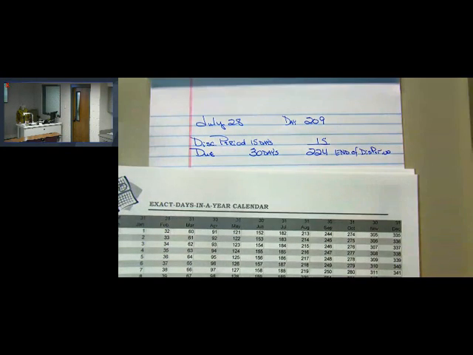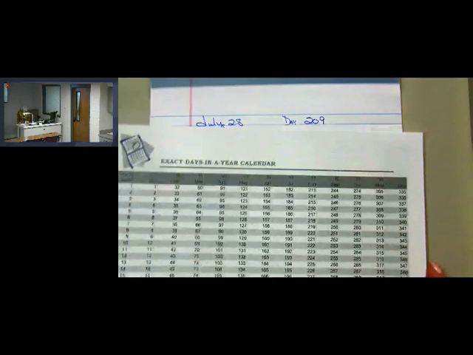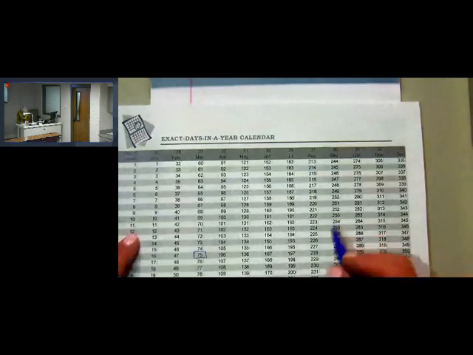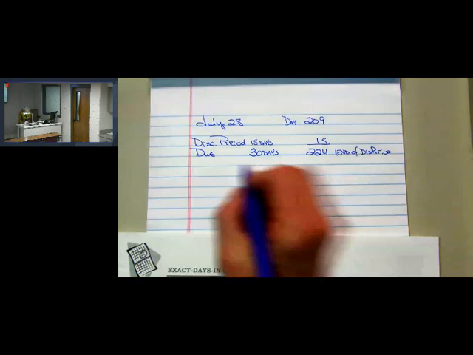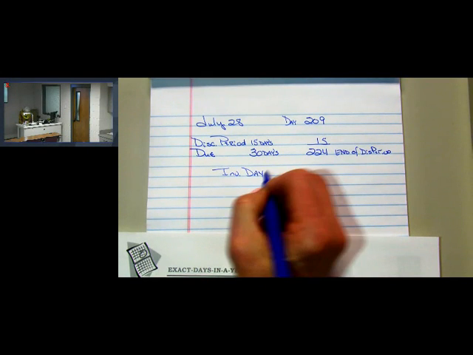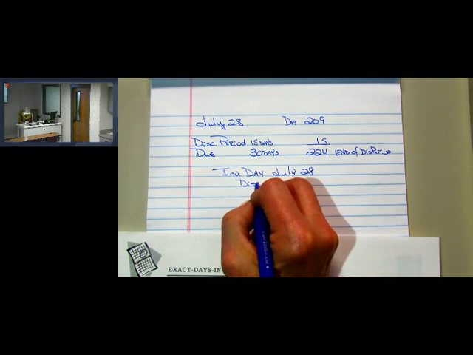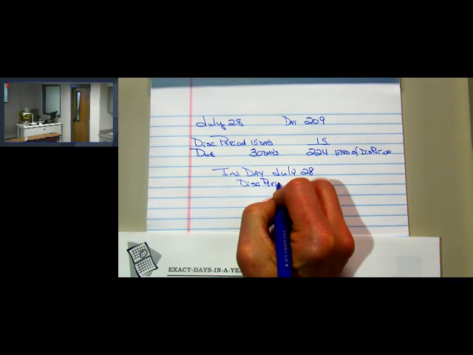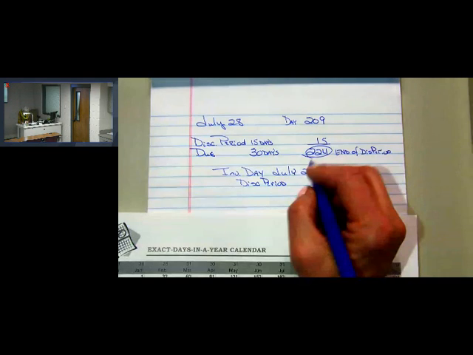All right. Day 224, if we look on here, day 224 looks to be this number right here. So that is August 12th. Day 224 is August 12th on my exact days in the year calendar.